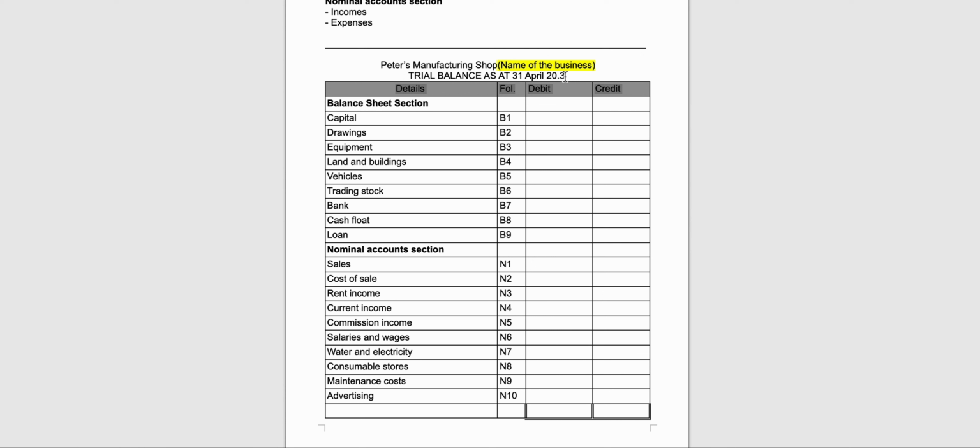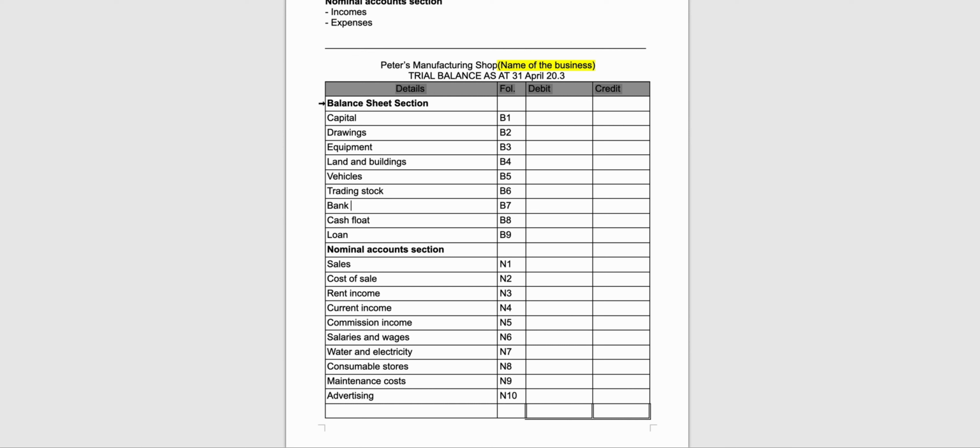Sometimes they will say prepare trial balance for 30th of March 20.2. So depending on what date they give you, this is where you put the date. Our trial balance has details: it has folio, it has debit, and then it has credit.